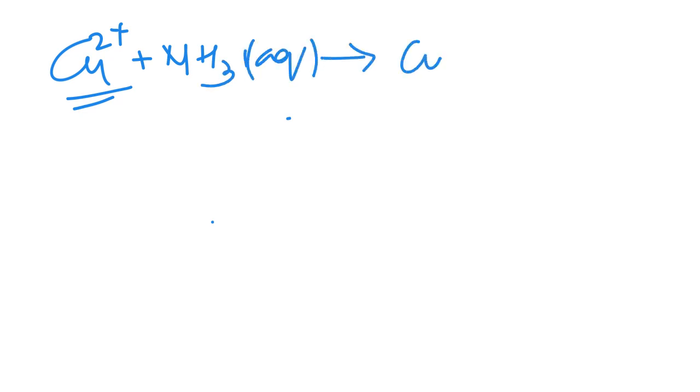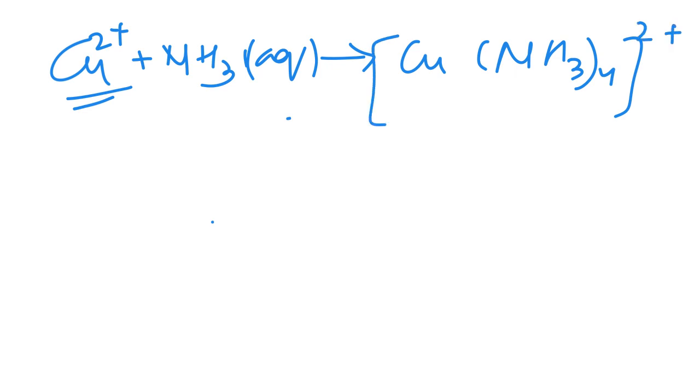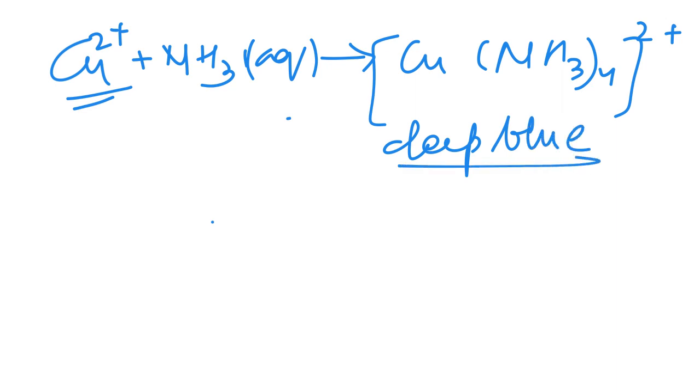How? If you react the salt with aqueous ammonia, what will happen? It forms a complex, meaning it links with the metal ion, and this complex is deep blue in color. So due to this deep blue color, we can say that copper is present.